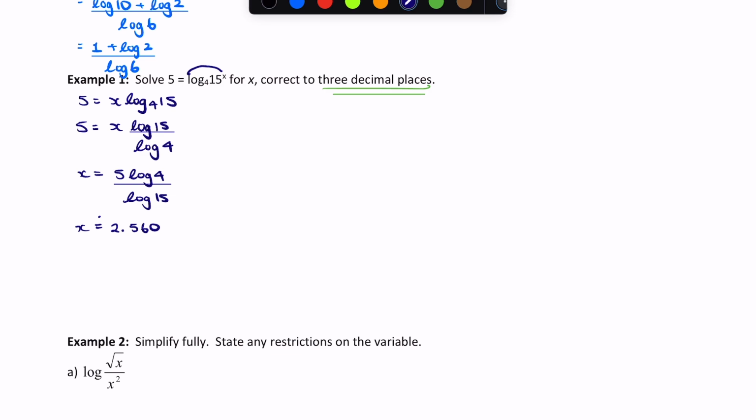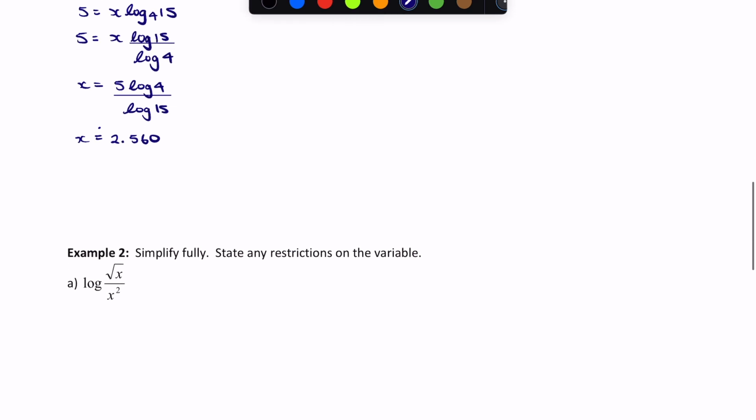Okay, so let's continue. Here, it says simplify fully and state any restrictions on the variable. If we look at this, we have log of square root x over x squared.